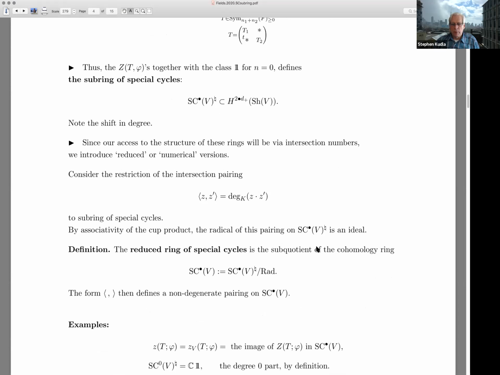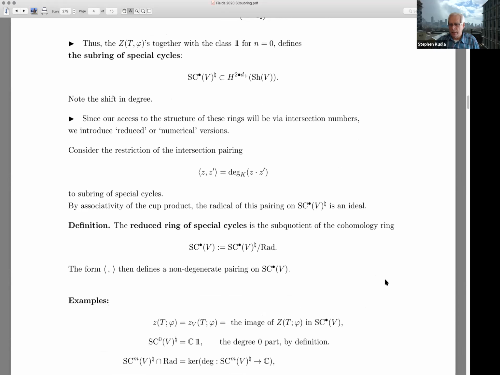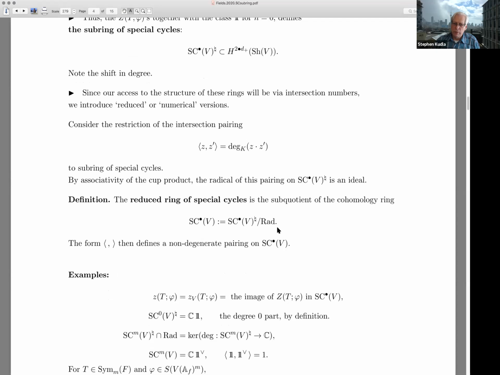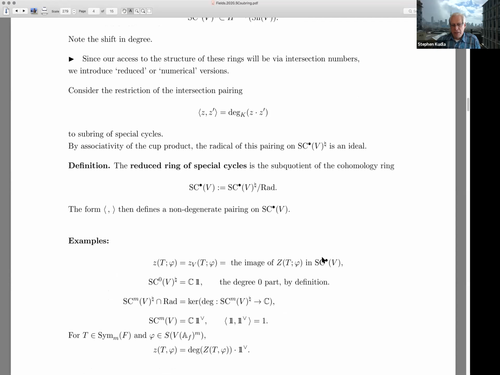And so I could mod out by this radical and get what I call the reduced ring of special cycles. So here what I'm doing is passing to basically numerical equivalence. So I'm doing special cycles modulo numerical equivalence. Now, numerical, of course, meaning only with intersections of other special cycles. So this is important. In any case, by definition, the cup product pairing induces a non-degenerate pairing on this reduced ring here.